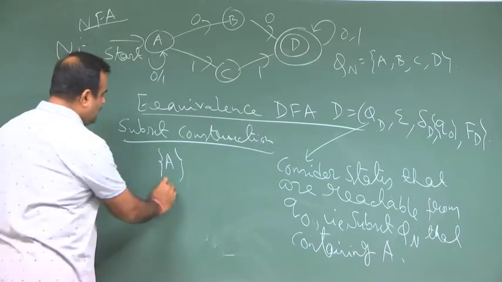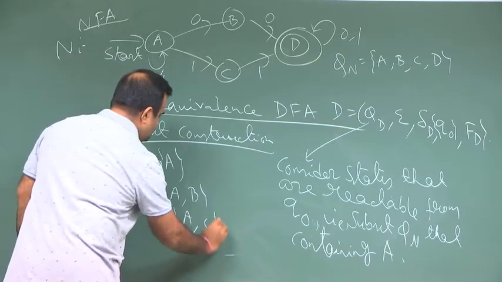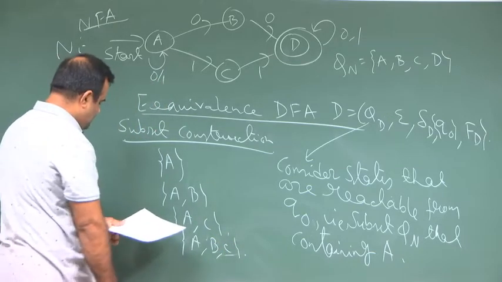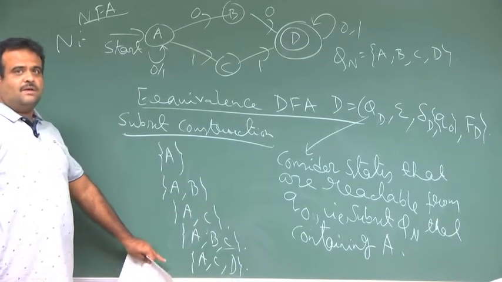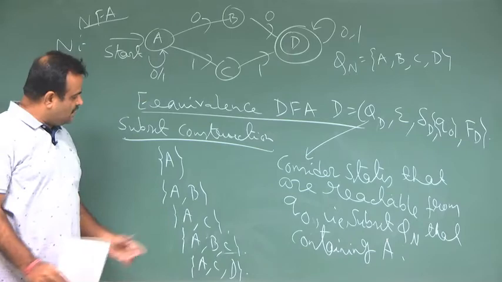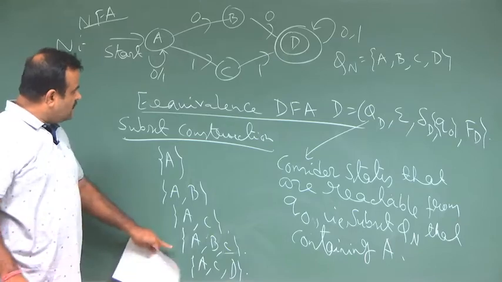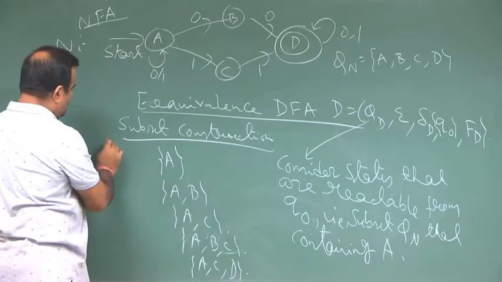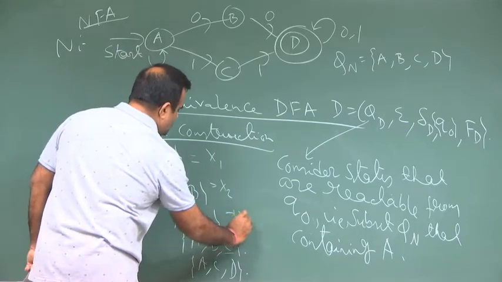So, these are the QD: A, AB, then AC, then ABC, then ACD. These are all possible subsets of QN which are containing A, and these are the subsets which are reachable from A. We can refer to these as X1, X2, X3 like this.